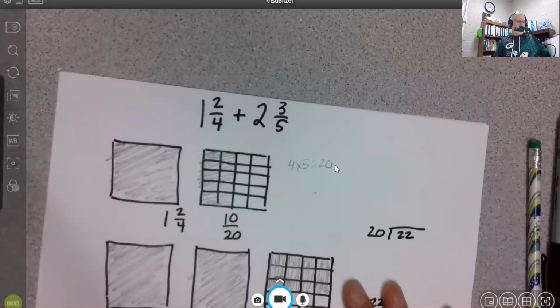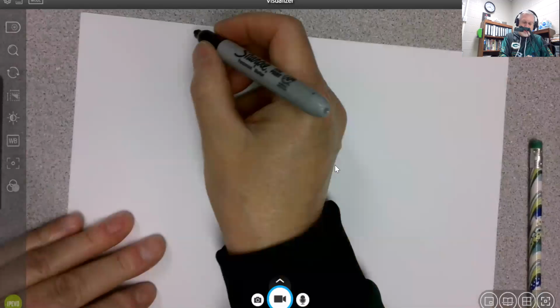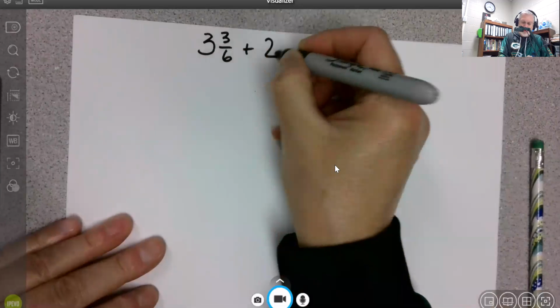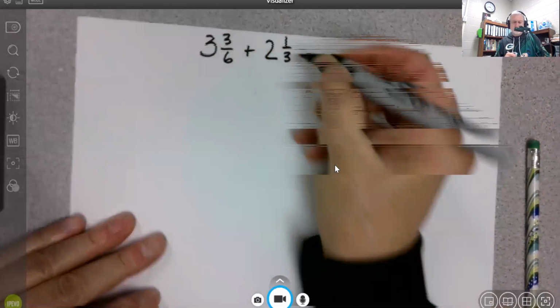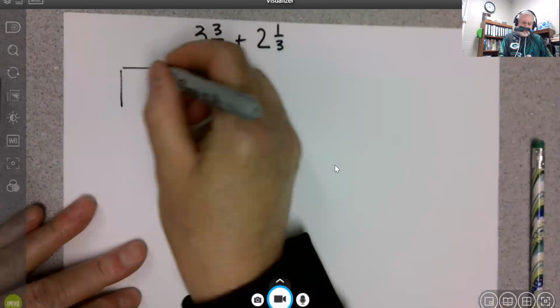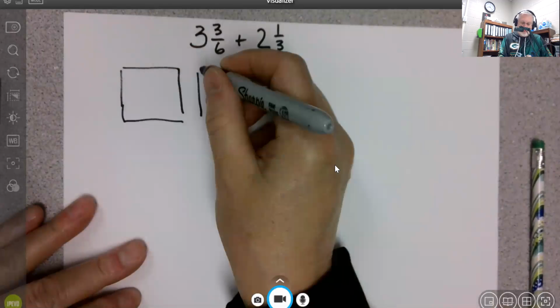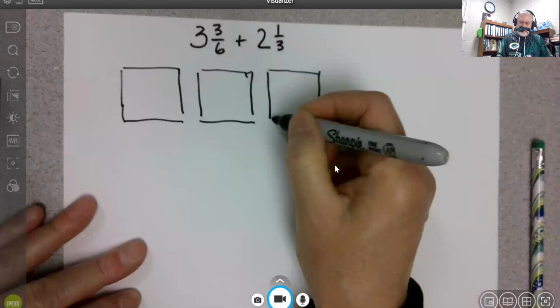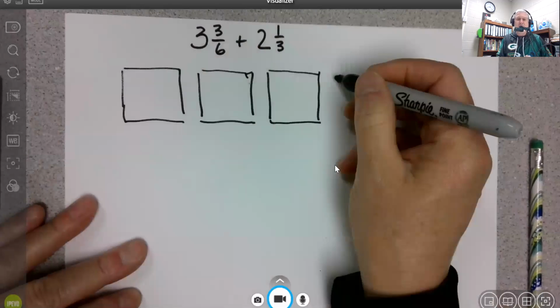All right, I'm going to do one more. My next one would be 3 and 3/6 plus 2 and 1/3. Okay, so I'm going to draw my 3 wholes. And again, try to make your models close to being equal.